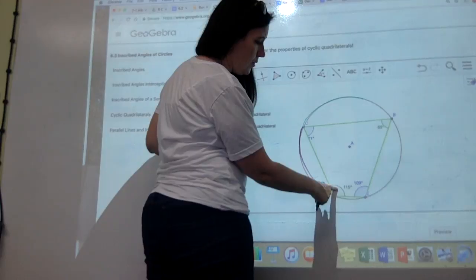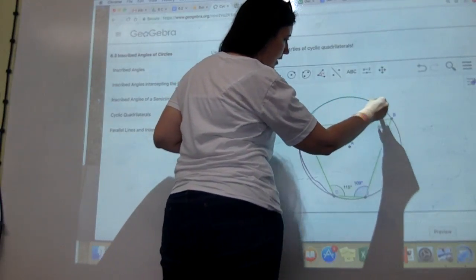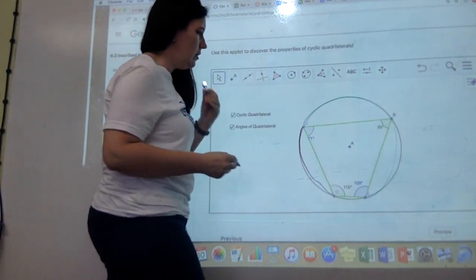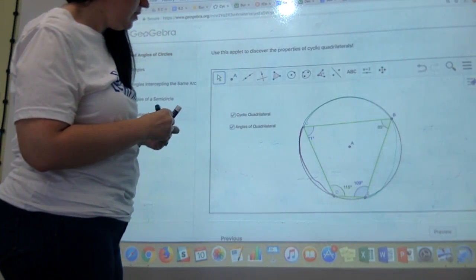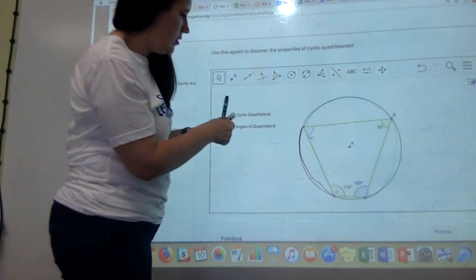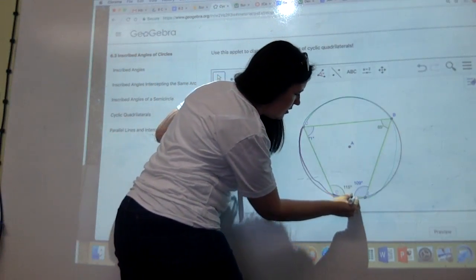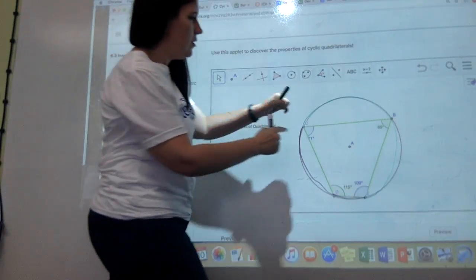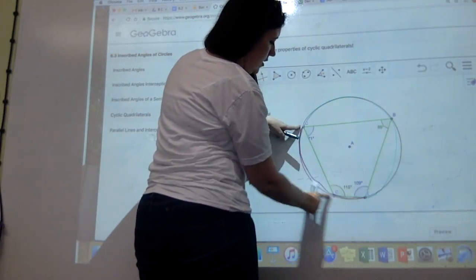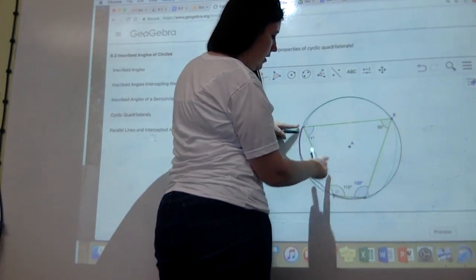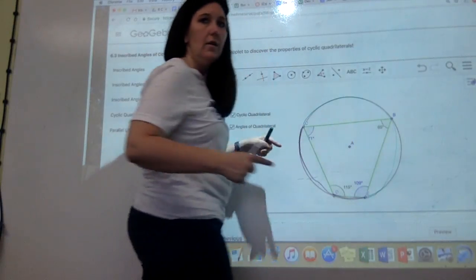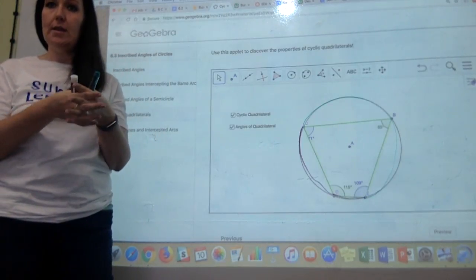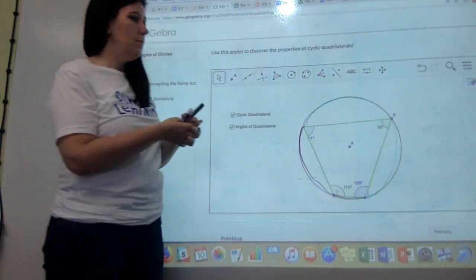So here's his opposite, so it goes from C around to E. And the purple guy goes to E. So this guy goes to this arc, CE, and together they make the full circle, 360, right?